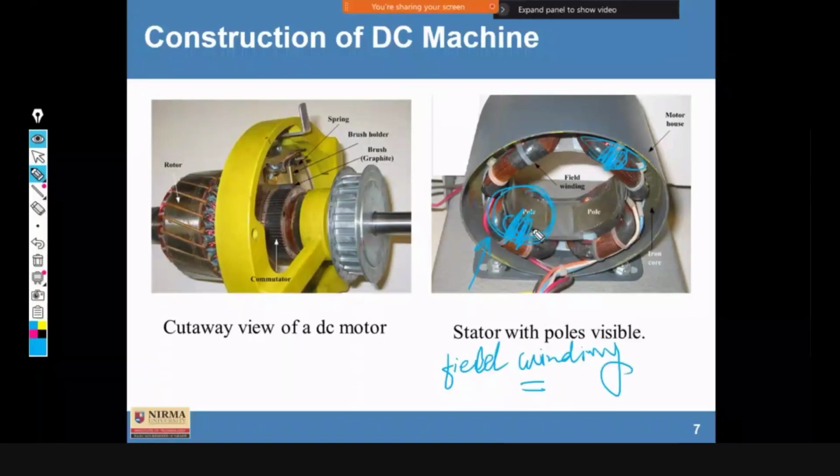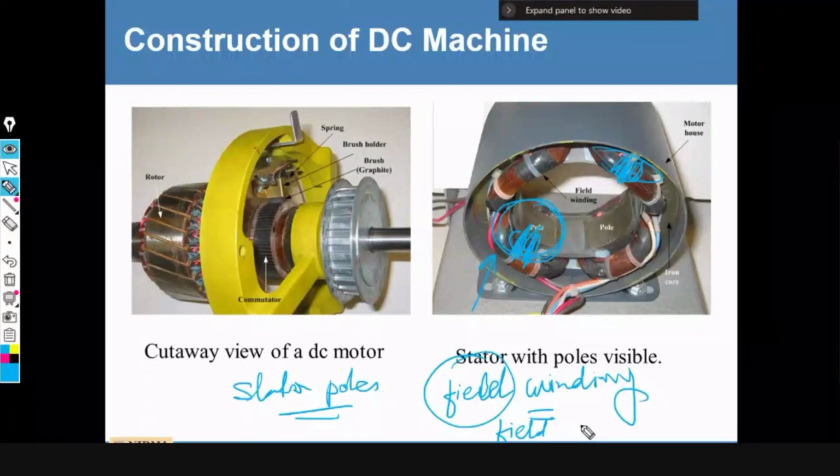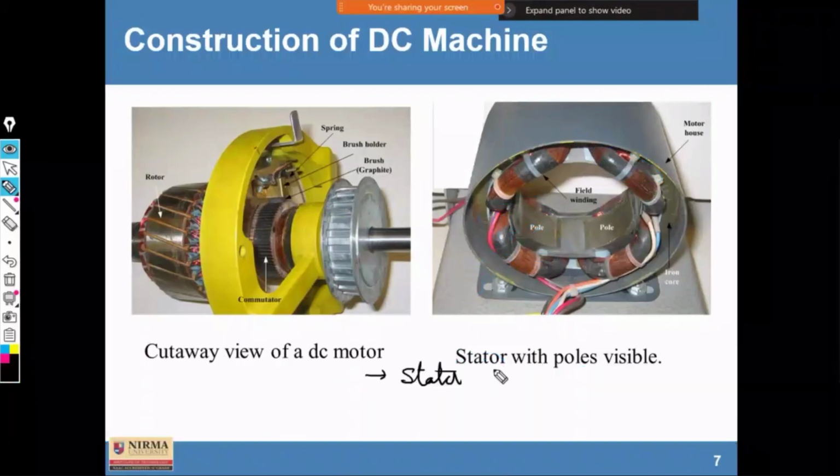Clear? So stator poles, or in a similar way we can write field poles. Stator field poles. Clear? So whenever we discuss the stationary parts, there would be stator field poles and stator field winding.